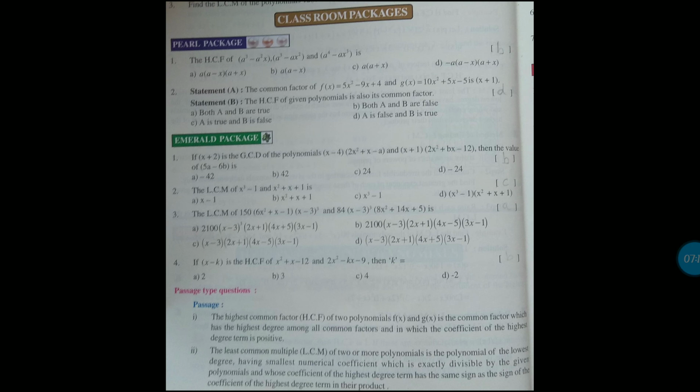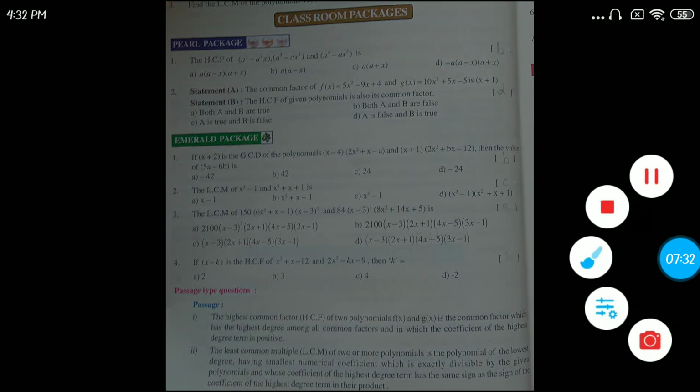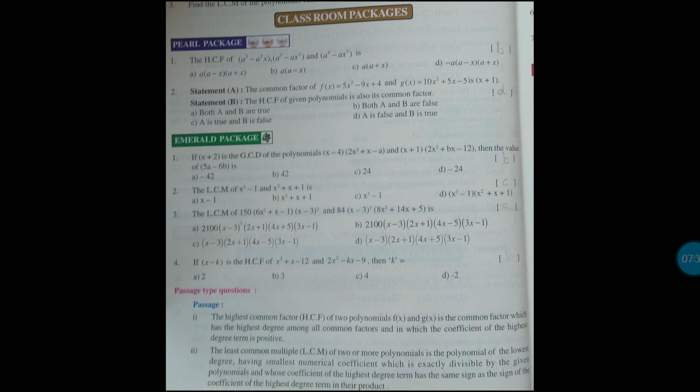Third one says LCM of 150 into 6x square plus x minus 1 into x minus 3 whole cube and 84 into x minus 3 whole cube into 8x square plus 14x plus 5. Answer is option A. So the common part we found, okay.